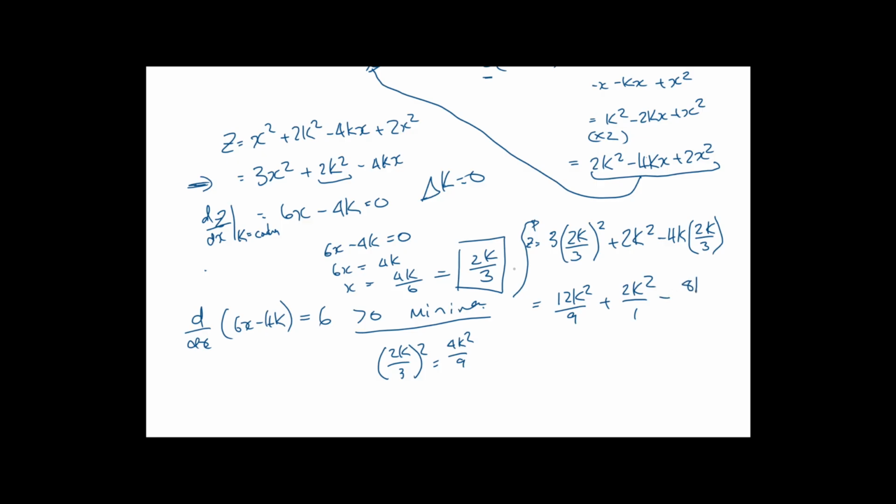minus 8k squared over 3. So let's put them all over 3. So divide, this goes to 4, that goes to 3.